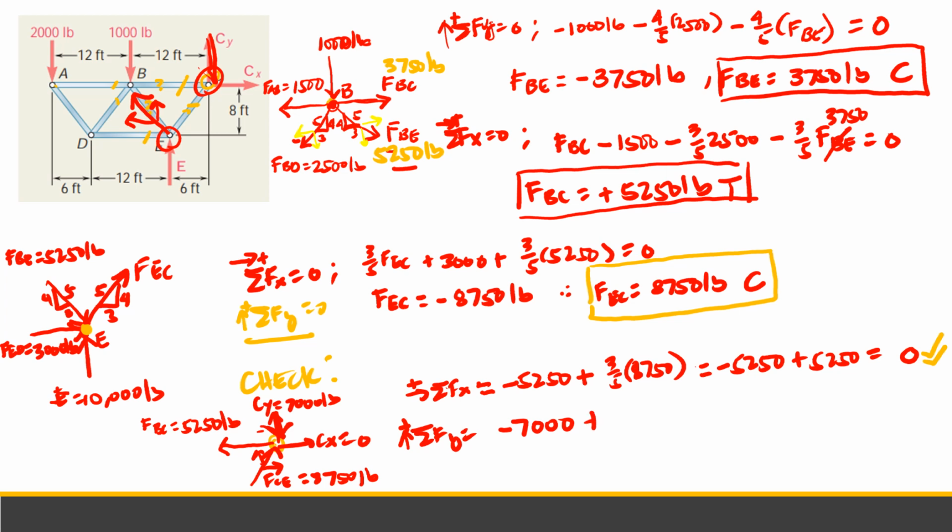And then plus 4/5 of 8,750 pounds. So that is negative 7,000 plus 7,000, which is equal to 0. So check. That means our assumptions are correct. We have now solved all the bar forces.